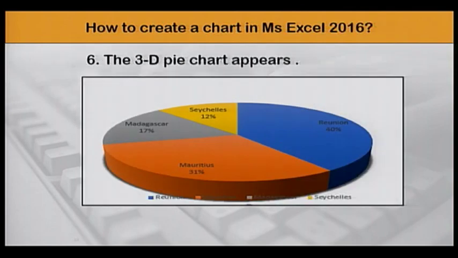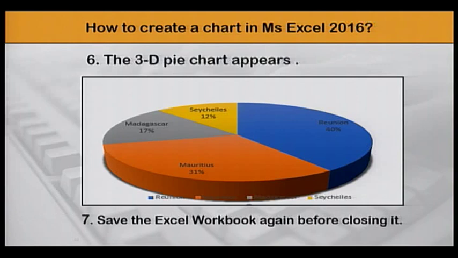The 3D pie chart is created. Now, save the Excel workbook again before closing it. You have just learned how to create a chart in Microsoft Excel. Now, let us see how to import that chart in a PowerPoint presentation.